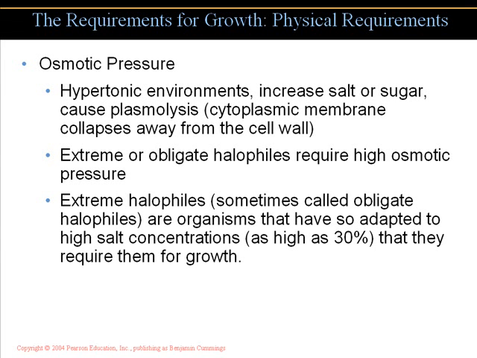So another way to restrict growth is to alter the physical requirement of osmotic pressure. Hypertonic environments, with increased salt or sugar, cause plasmolysis. The cytoplasmic membrane again will collapse from the cell wall. Now this is not true of all microorganisms.